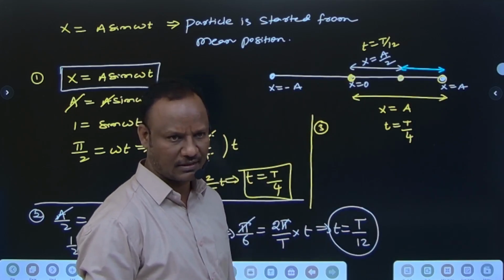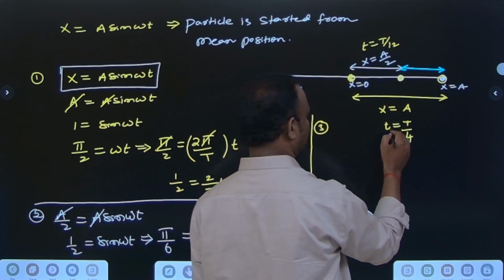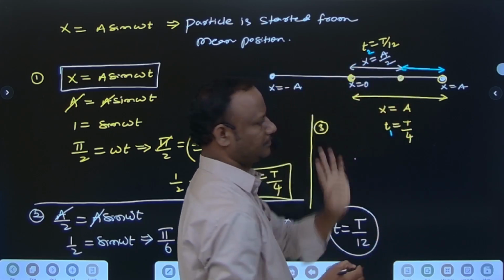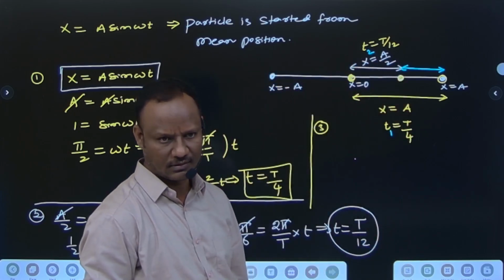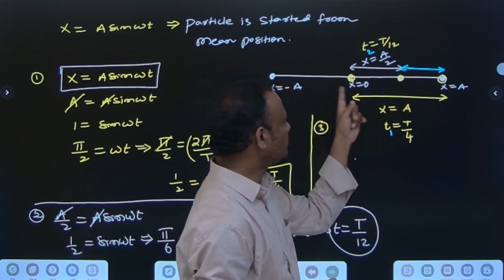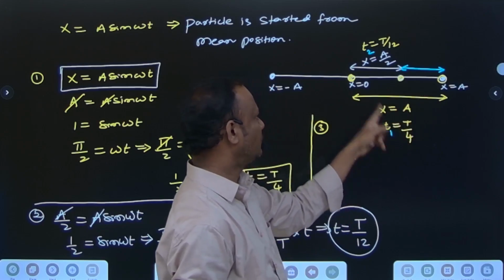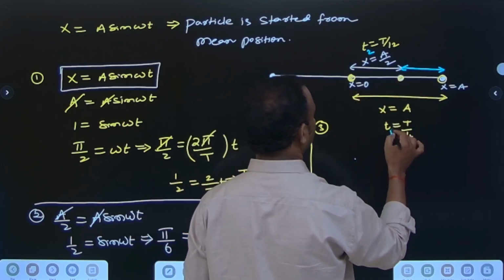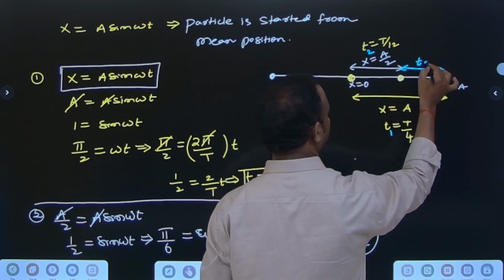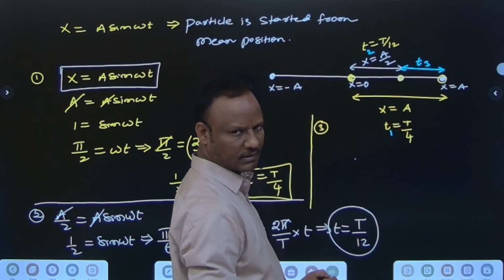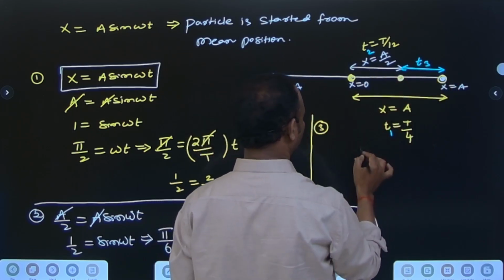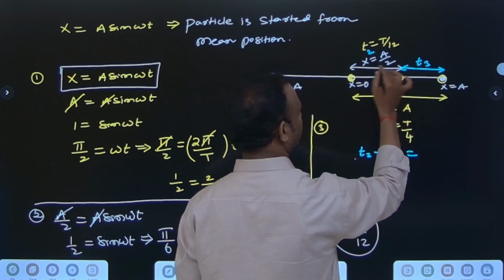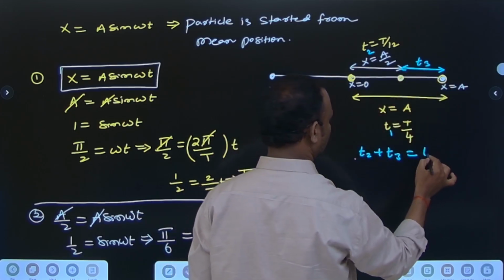The total time from here to here is T1, and this one is T2. If I take the remaining as T3, then T2 plus T3 is equal to T1.